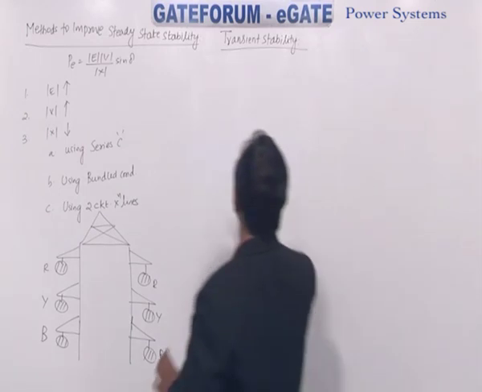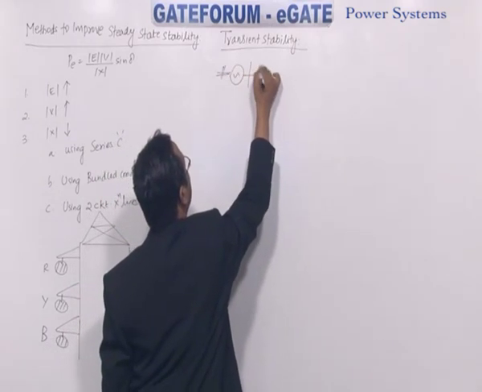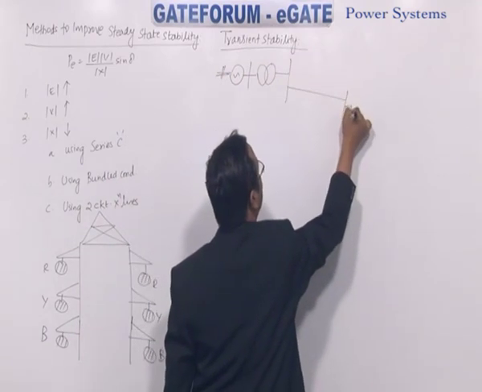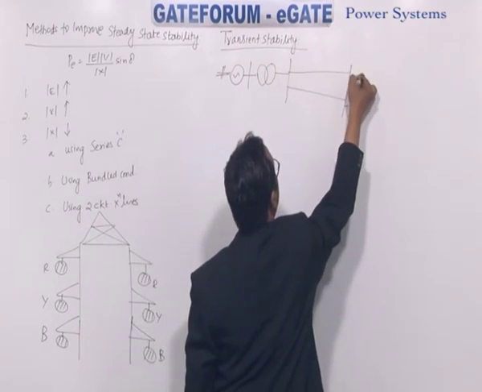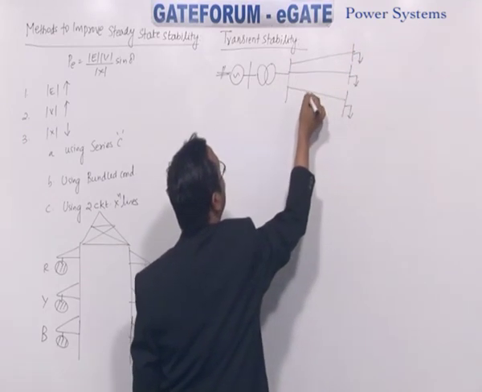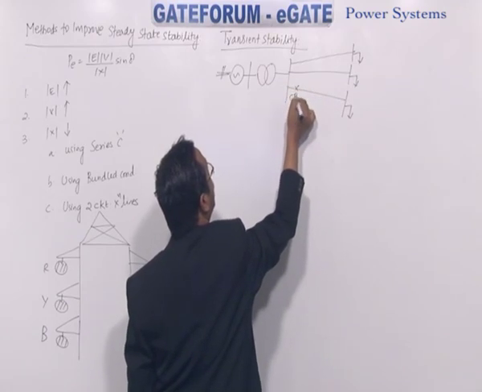Suppose you consider this power system network of alternator, step-up transformer, so you provide the circuit breaker here.